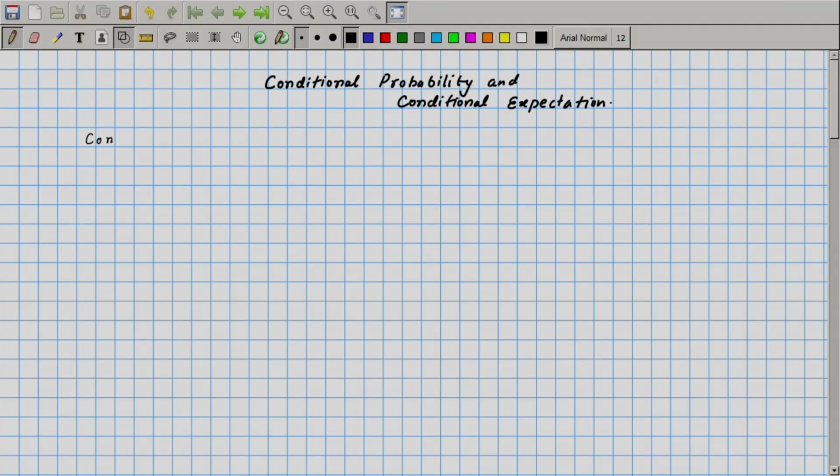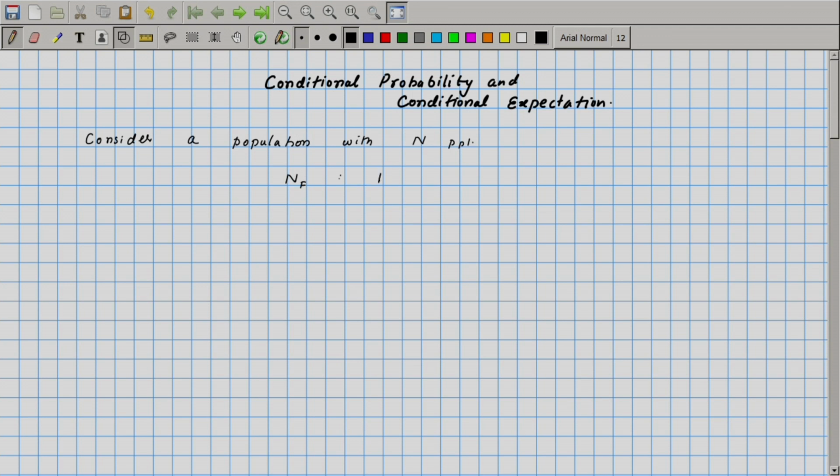Let us say we consider a population with n people, out of which let us say n_f are females.